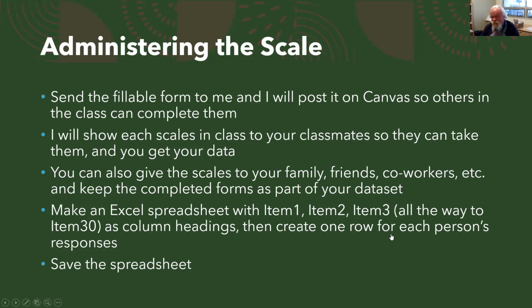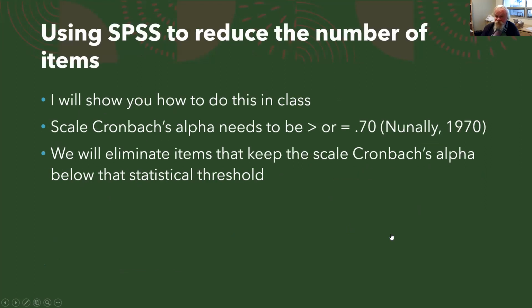So you'll have that in your Excel spreadsheet, and then you're going to save the spreadsheet, okay? All right, and then again, we're going to talk about using a statistical platform to analyze the data that you collect, okay? So I'll show you how to do this in class, and I can do it for you if you're having trouble doing it.